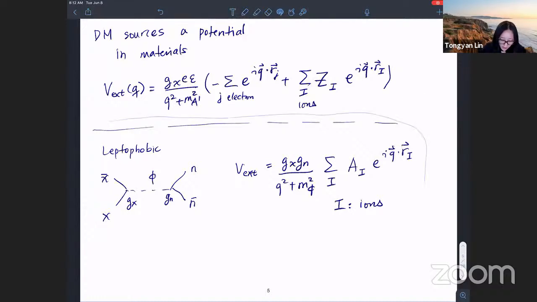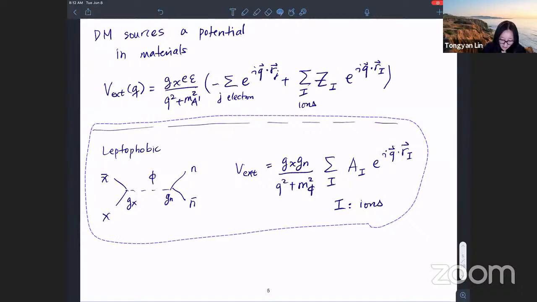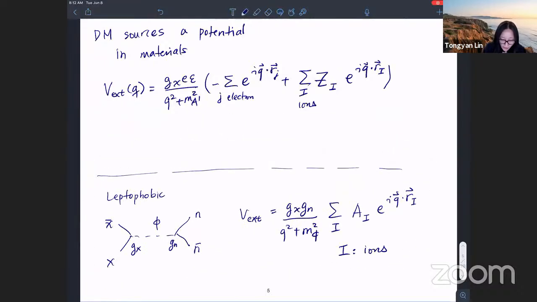One other thing to mention about the kind of interaction we'll look at is that there's usually two limits taken for this potential. We don't, of course, a priori know what the dark photon mass is, and different models have different masses.